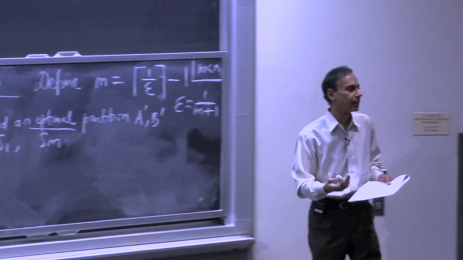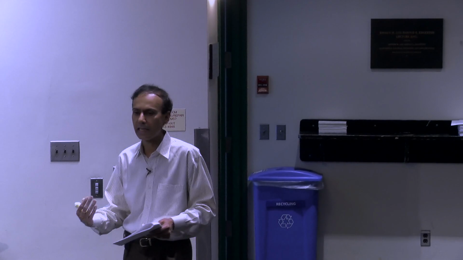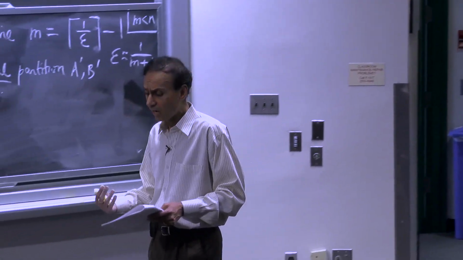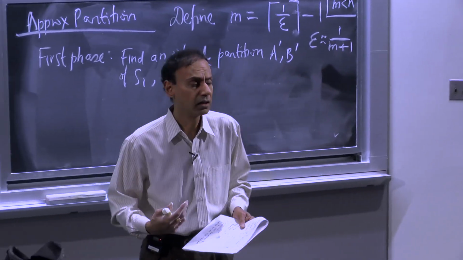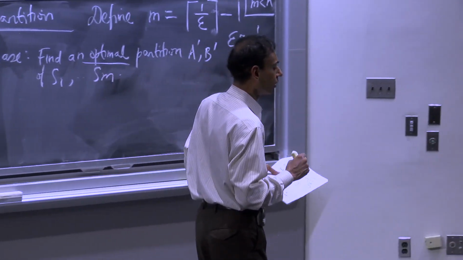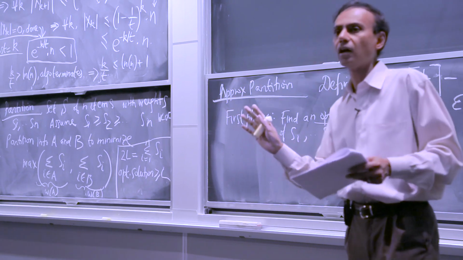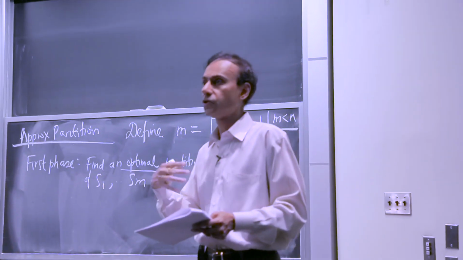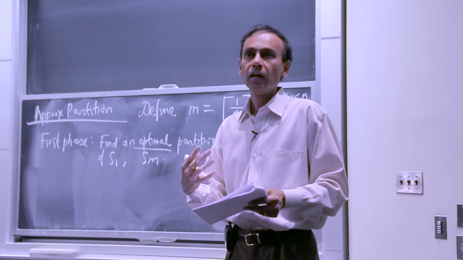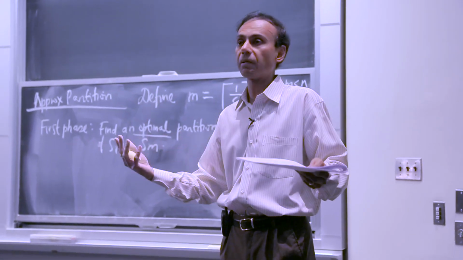So I'm picking something that's a smaller problem. I'm going to seed this. So the way this scheme works is I'm seeding my actual algorithm, my actual heuristic, with an initial partial solution. And depending on how much work I do to create the seed, I'm going to end up having higher complexity.